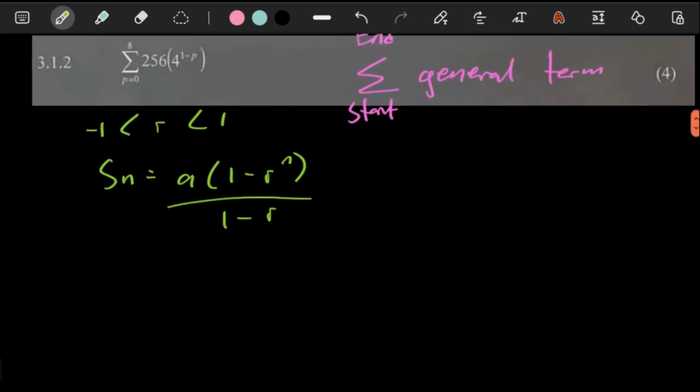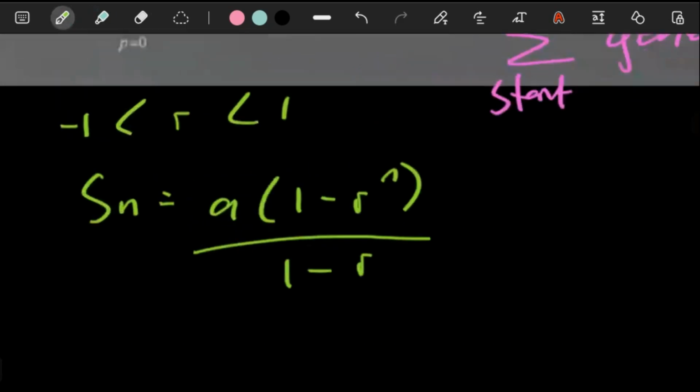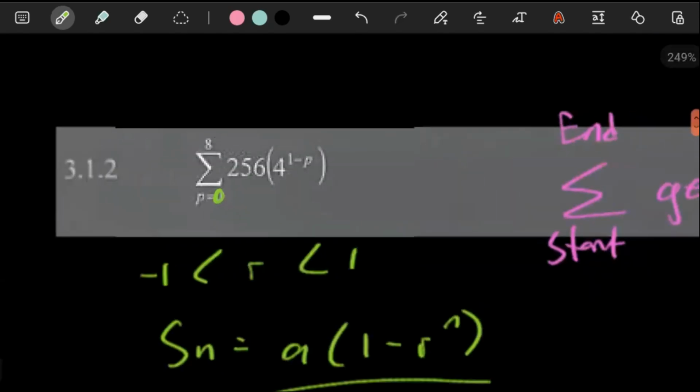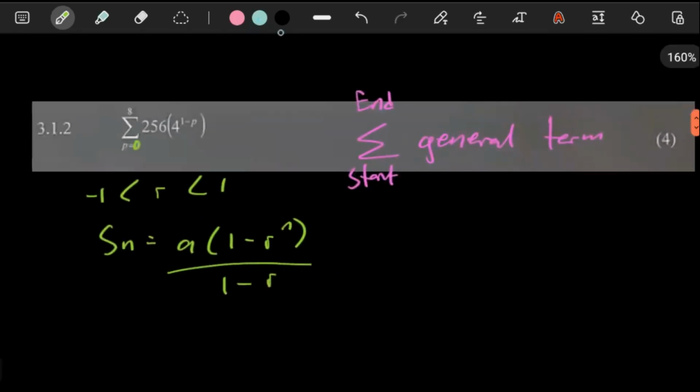Since we have r as a quarter, this is your best bet. Your value of A is what you get when you put 0 into your formula. So A is going to be 256 times 1 over 4 to the power of 0.